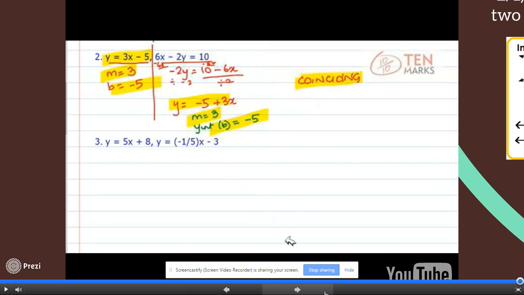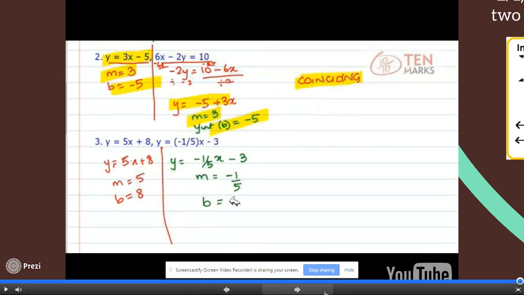Let's try and solve the third one. What do I see? y equals 5x plus 8, which means slope equals 5, y-intercept equals 8. In this scenario, y equals -1/5 x minus 3, which means the slope is -1/5 and the y-intercept is -3. That's what we're given.